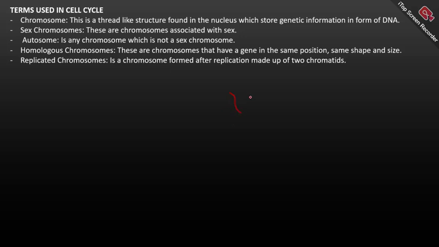When it replicates, there are going to be two, and they're going to be called chromatids. Now, they're going to have the center here, which is known as the centromere. When they combine at the centromere, they are now known as sister chromatids.